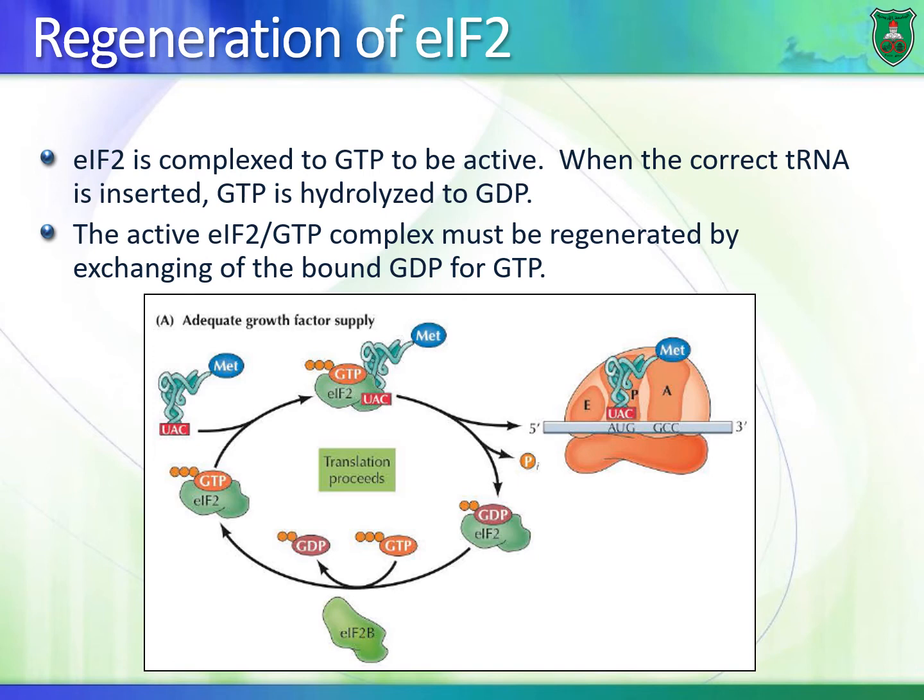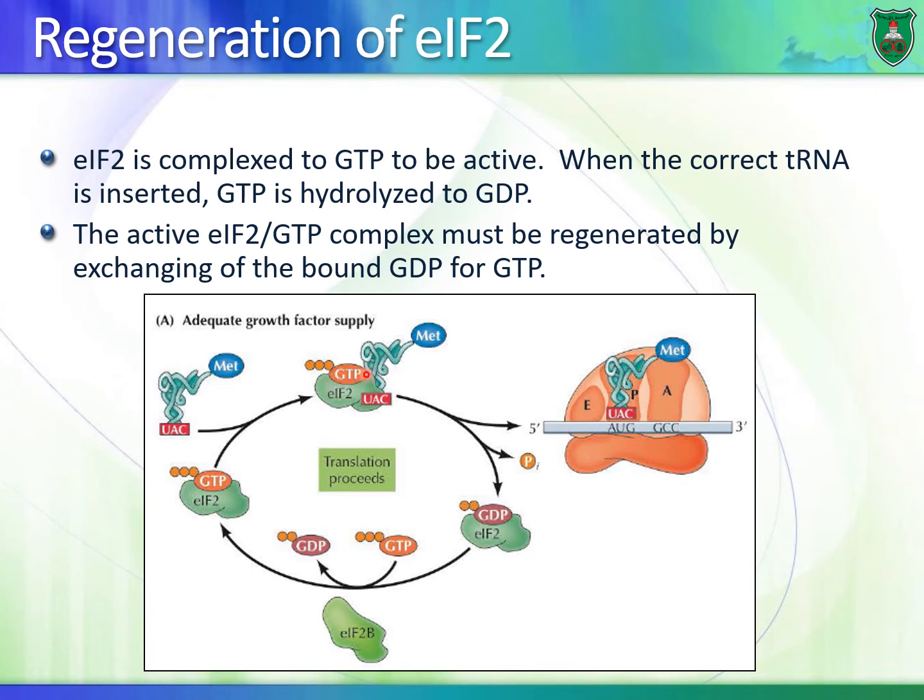It stands for eukaryotic, to differentiate between initiation factor 2 in prokaryotic cells and eukaryotic initiation factor 2. Now, initiation factor 2 is important for bringing the initiating tRNA, which is the methionine carrying tRNA, to the messenger RNA. Notice that this protein is regulated by GTP.